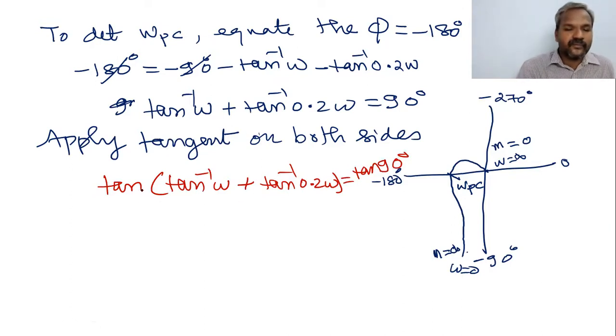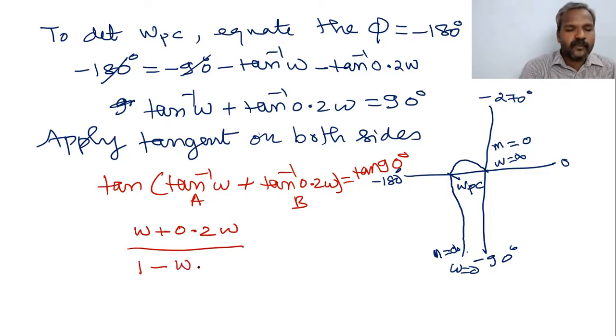If this is A and this is B, tan A is omega and tan B is 0.2 omega. So tan of A plus B equals omega plus 0.2 omega divided by 1 minus omega into 0.2 omega, equal to infinity.